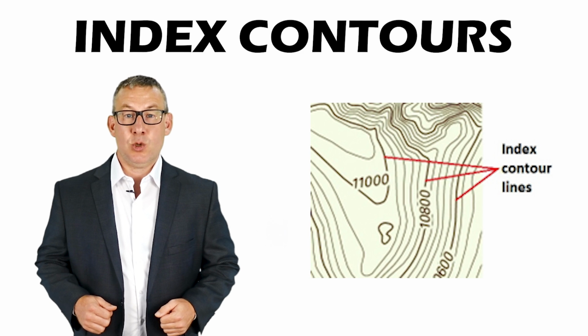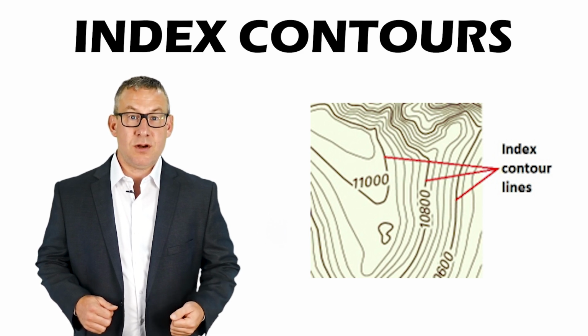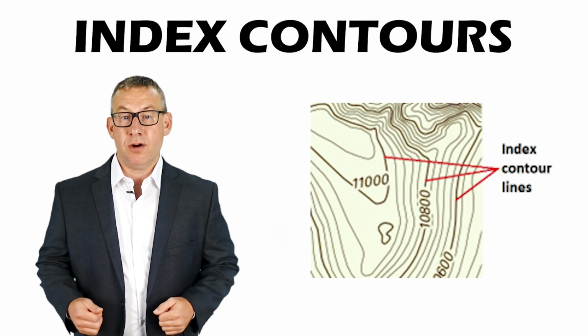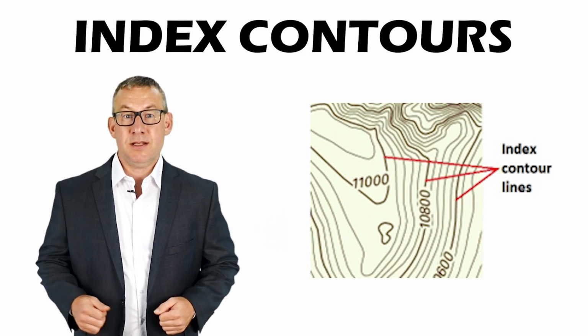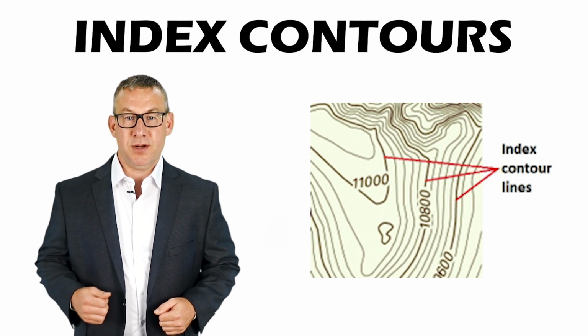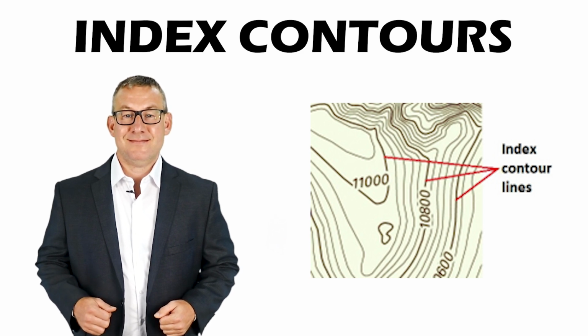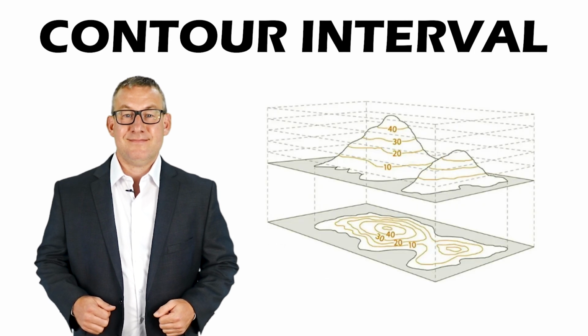An index contour. Index contours are lines drawn thicker or darker every 5 intervals to make contour maps easier to interpret. A contour interval.